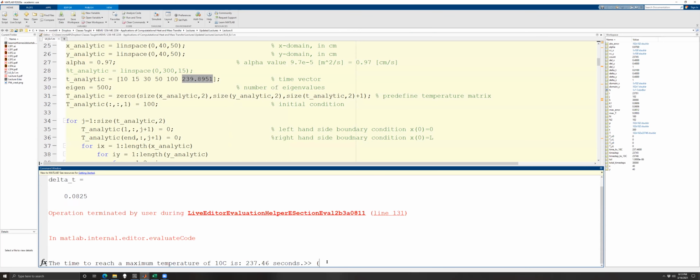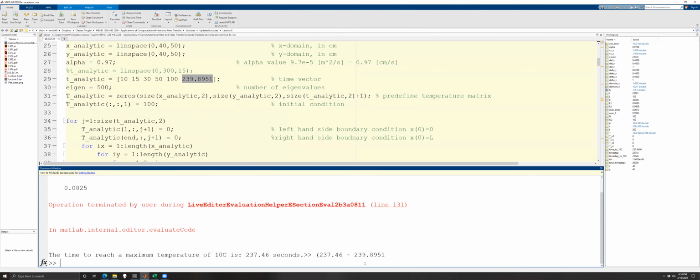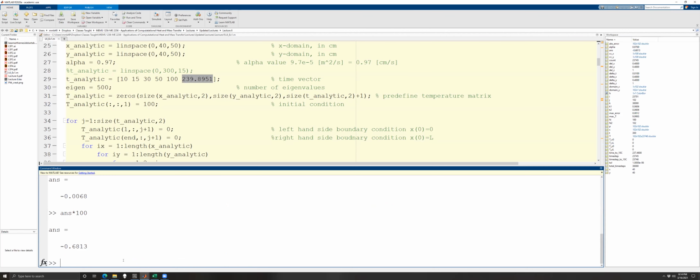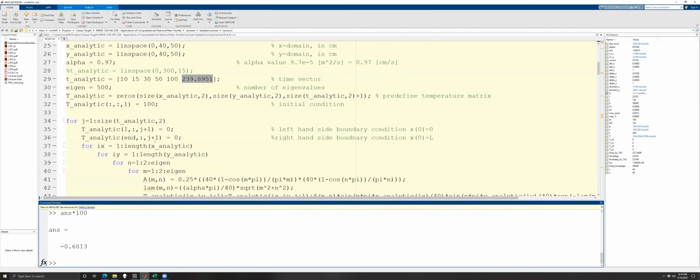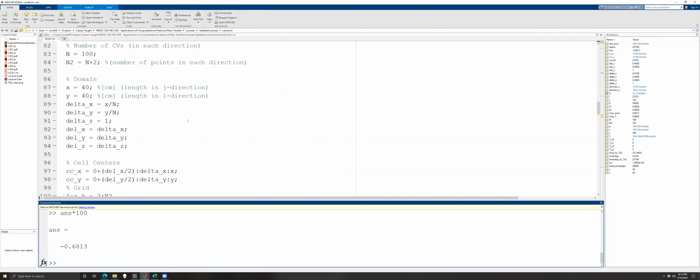So if you guys are really interested, this would represent a 0.6% difference of solution. And I assume if you just threw in a few more control volumes within there, you would decrease that value. So the two-dimensional case isn't horrendous.